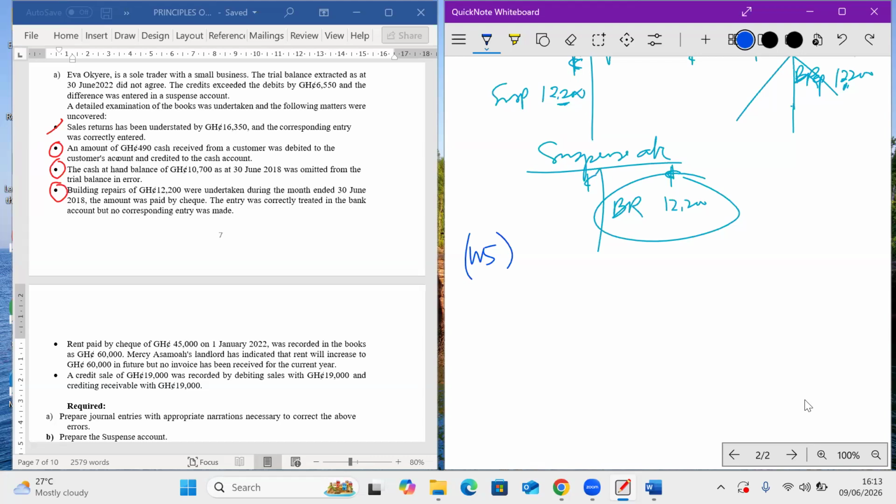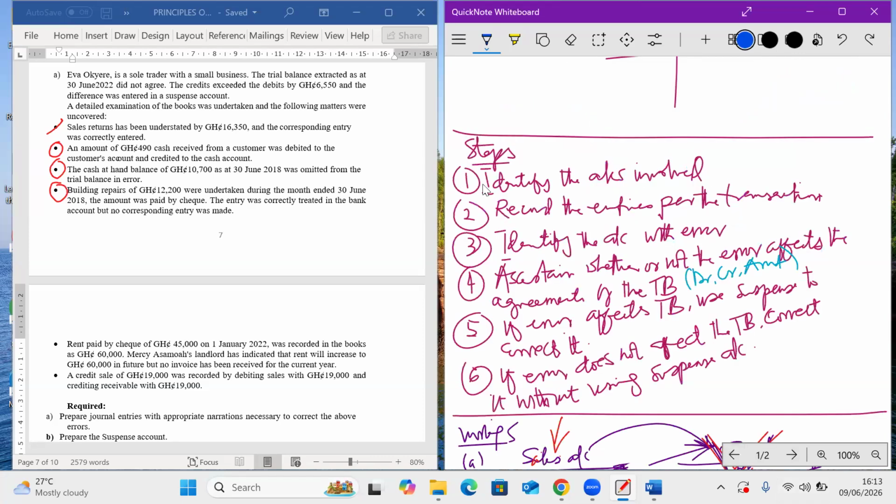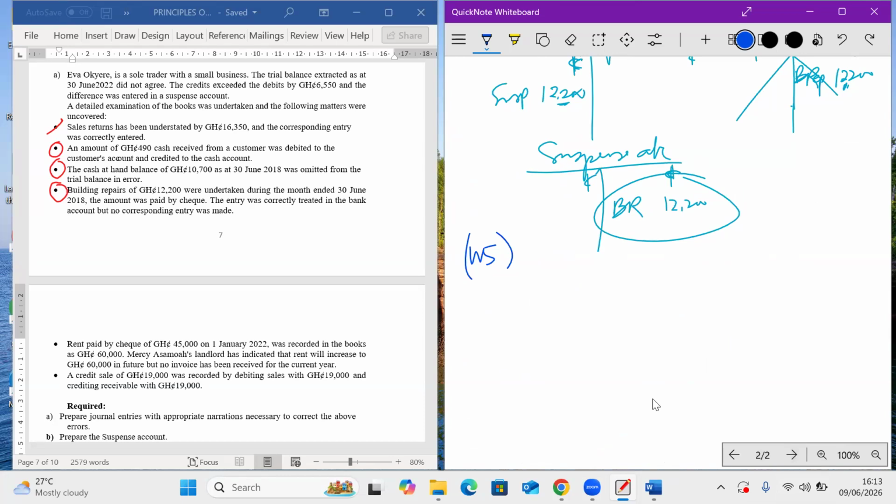Identify the account involved. What are the accounts involved? The first step says, step one, identify the accounts involved. So what are the accounts involved? Rent account, bank account. Why bank? Because the rent was paid with check.